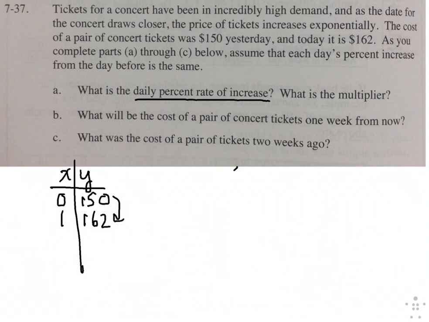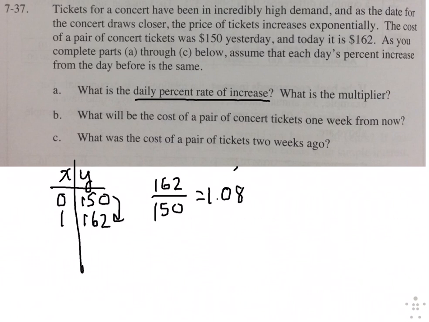So the way we find this is we take 162 and we divide it by 150. If we do that on our calculator, 162 divided by 150, we get 1.08.